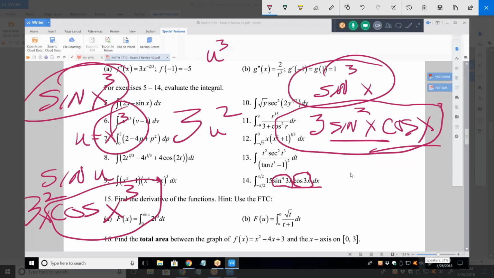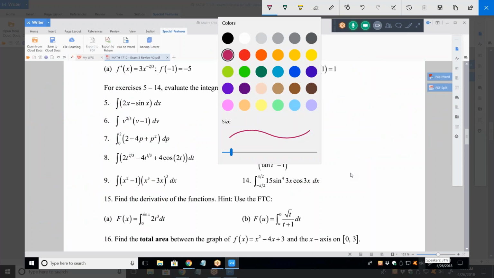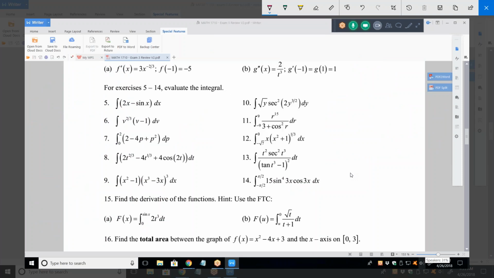Well, we know what happens when we use u-substitution. That's what we're looking for: the derivative of a composite function to be multiplied by it. So let's do this one. Top to bottom, tell me what u is, every step. Got just enough time to do this one, I think.